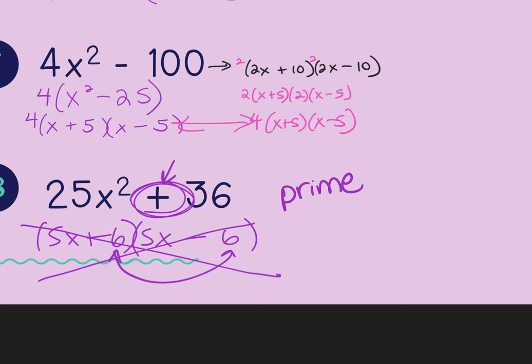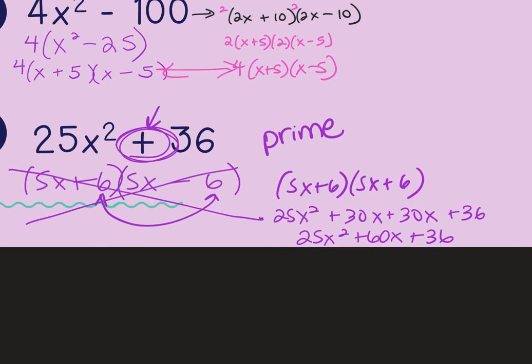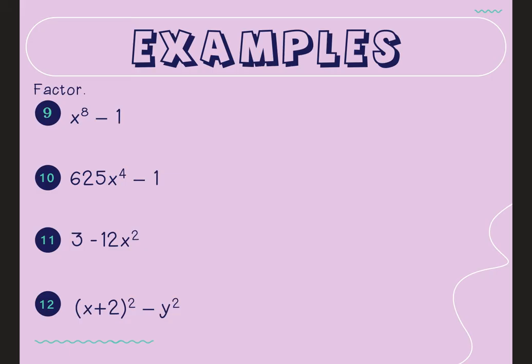If you did 5x plus 6 and 5x plus 6, I'd get 25x squared plus 30x plus 30x plus 36. And now I have a middle term. It's just not possible to have two terms with a plus between them become the difference of two squares. So this, you would literally write prime. That's a good segue to the next topic. We'll get there in a minute.